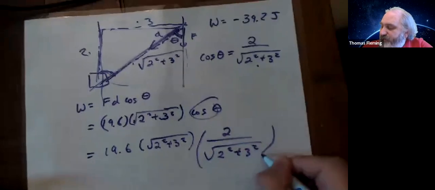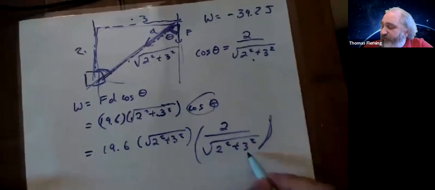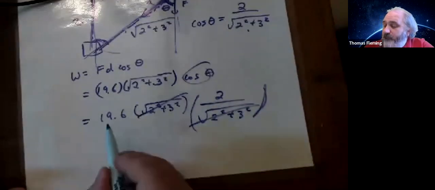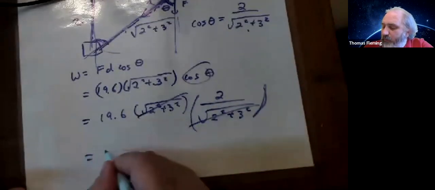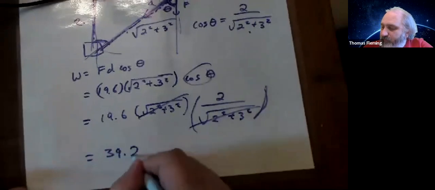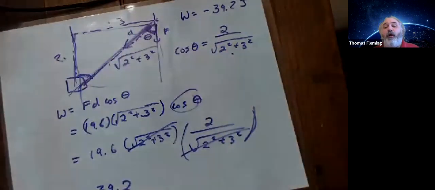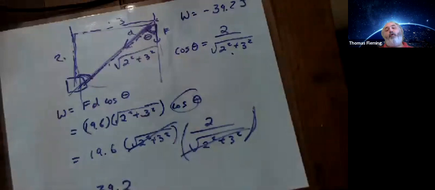why I didn't bother to figure out a number for this, because look, this and this, they're going to cancel anyway. And 19.6 times 2 is, oh, wait, positive 39.2, which is the exact opposite of the other work. So the work done over that entire path was still 0. And here's the cool part.